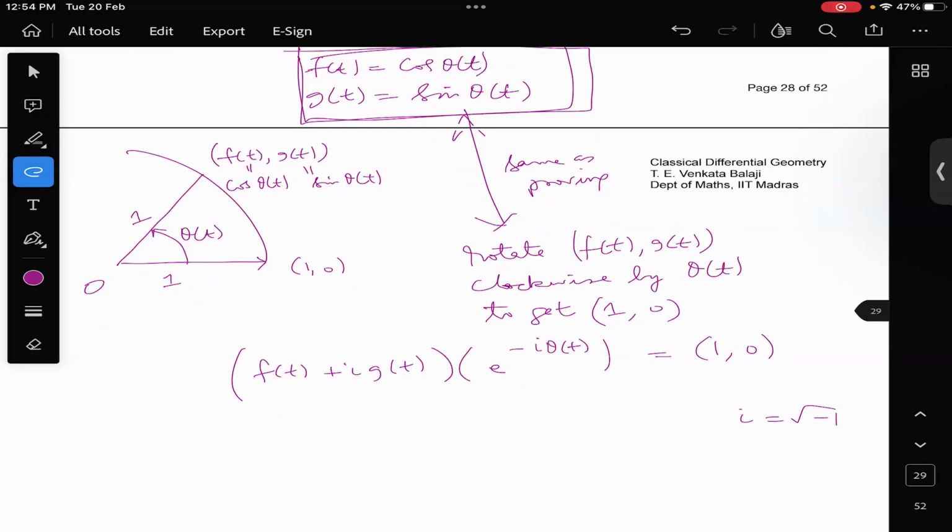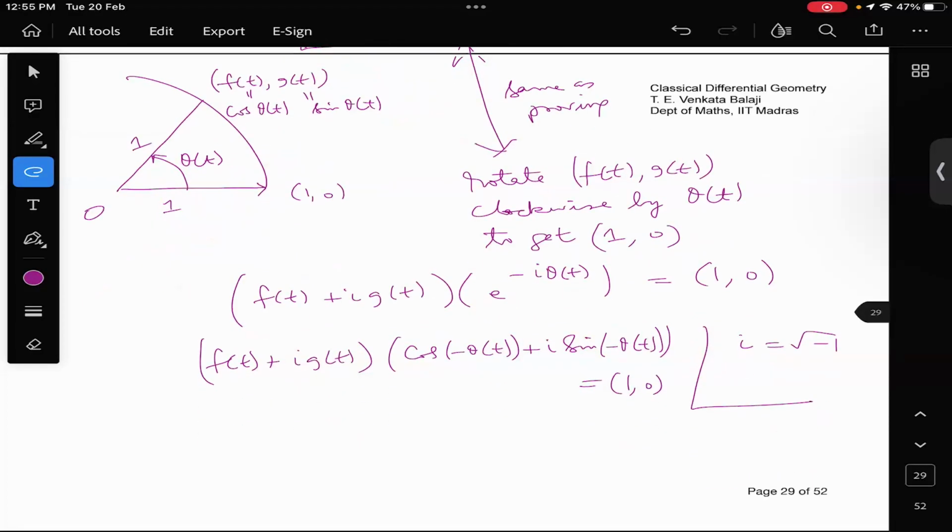By the de Moivre formula, e power minus i theta t is cos of minus theta t plus i sine of minus theta t. So this is going to be f t plus i g t, okay, into cos of minus theta t plus i sine of minus theta t is equal to 1 comma 0, okay?